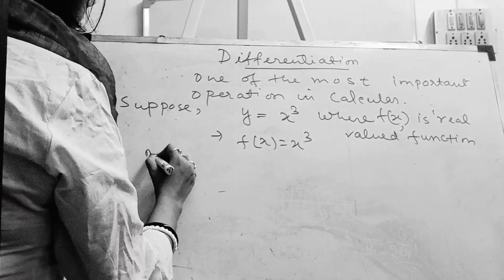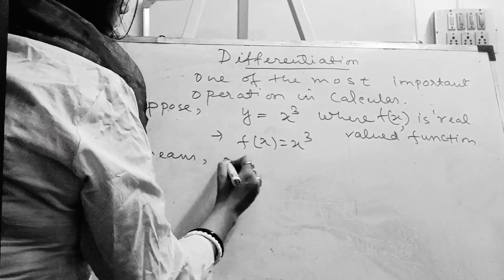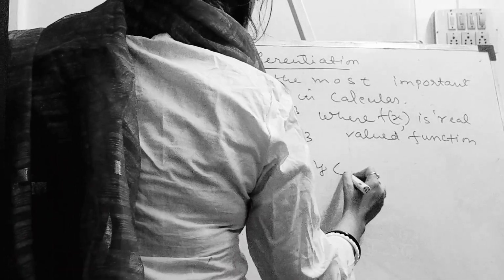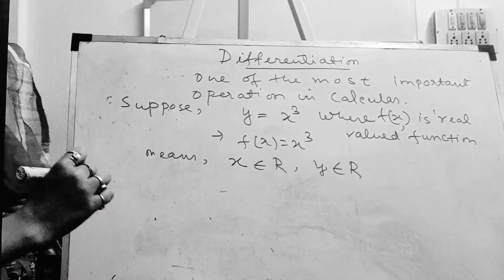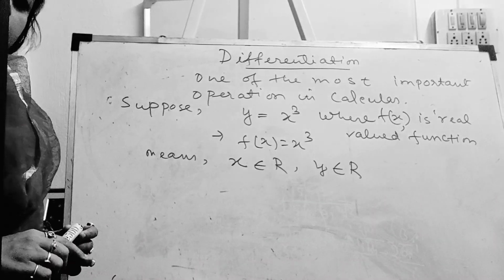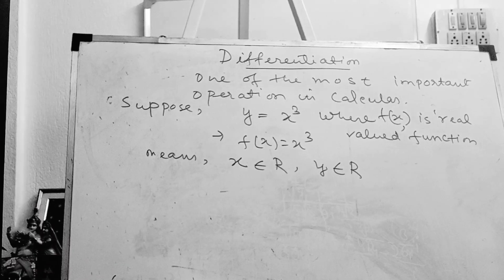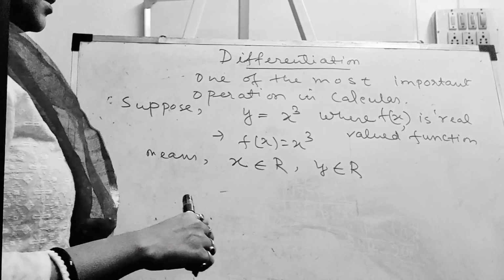Means x belongs to real numbers and y belongs to real numbers. The domain of f(x) is real and the range is real. So differentiation is the most important operation in calculus.